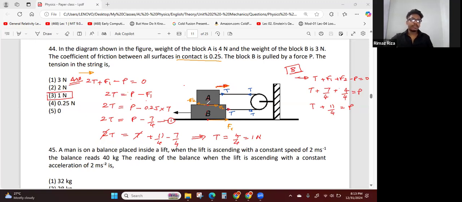So there will be friction on A in this direction, then the equal and opposite reaction friction will be in this direction. So it is also plus, but only the P is in the opposite direction, so it will be minus. Okay, so therefore the answer is 1 Newton.